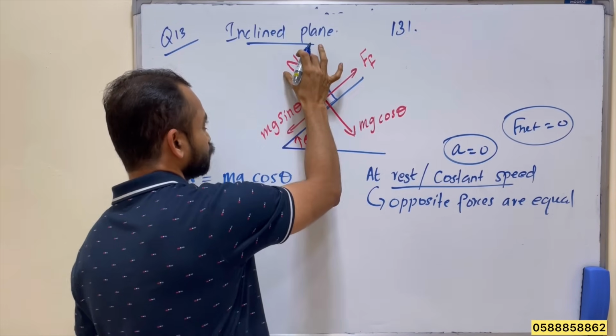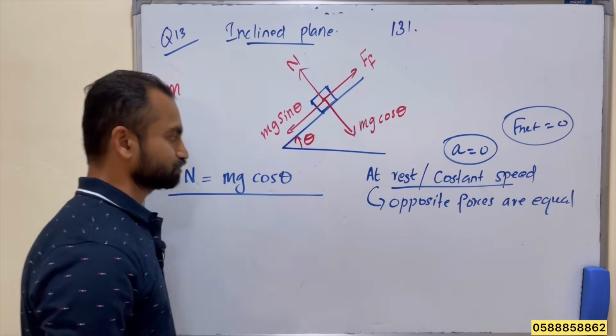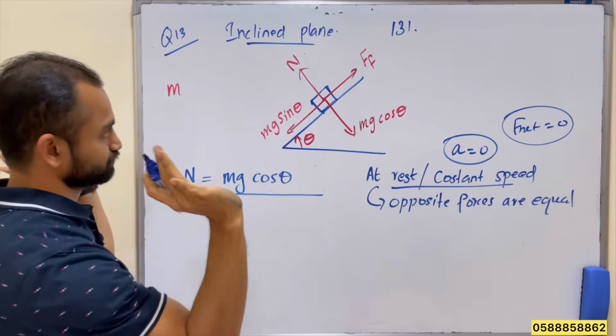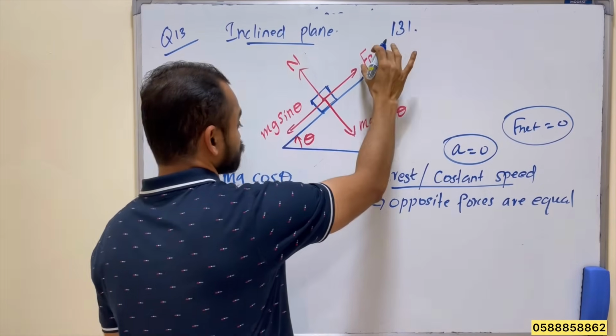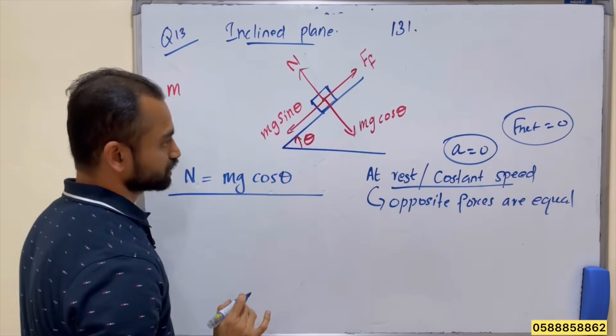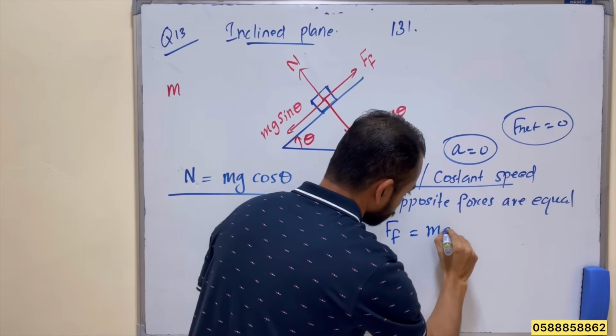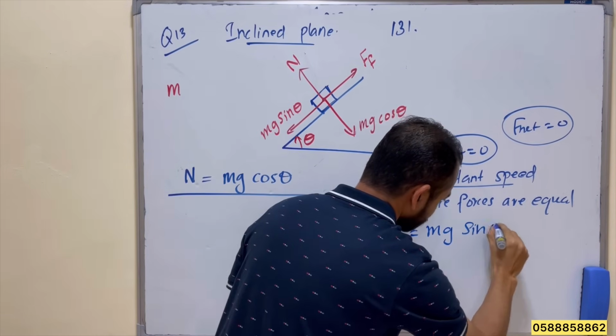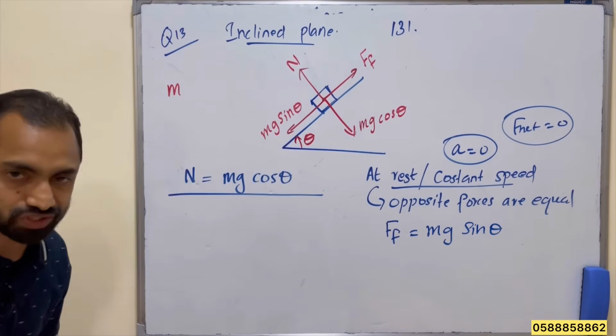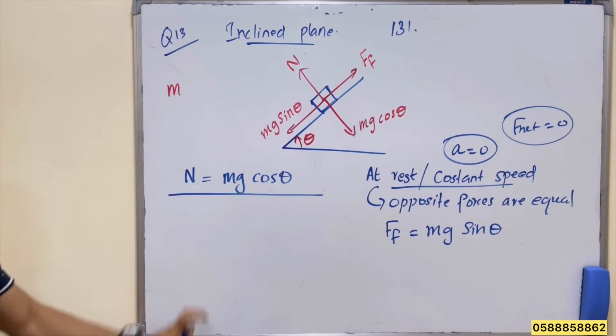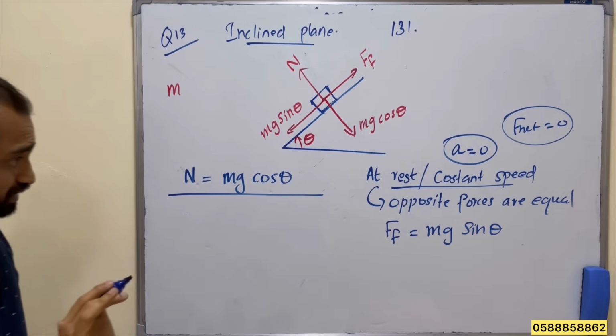Here the normal force is opposite to mg cos theta, but that we have already done. Frictional force is opposite to mg sin theta, so frictional force will be equal to mg sin theta if the block is at rest or sliding down at a constant speed.